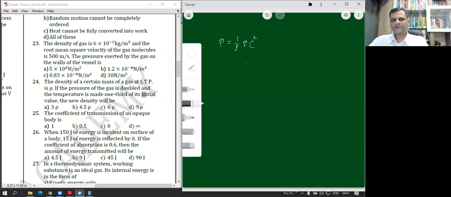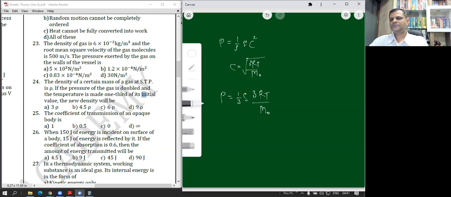बट इसमें C के बारे में कुछ भी नहीं बोला है, तो C has to be replaced. We know that C is going to be equal to root of 3RT upon m naught, where m naught is nothing but the molar mass. So if we replace it here, then we get this relationship between pressure and temperature, that is P is equal to 1 by 3 into rho into square root of 3RT upon m naught का square, जो बनता है simply 3RT upon m naught.